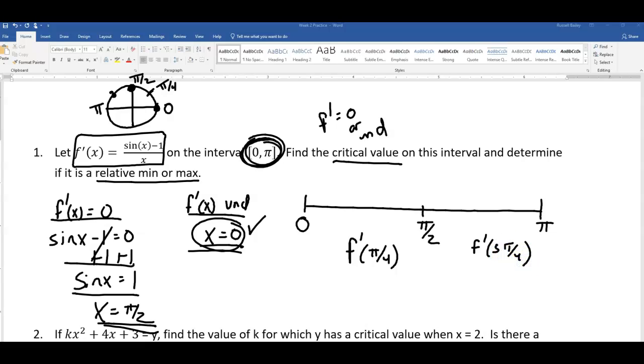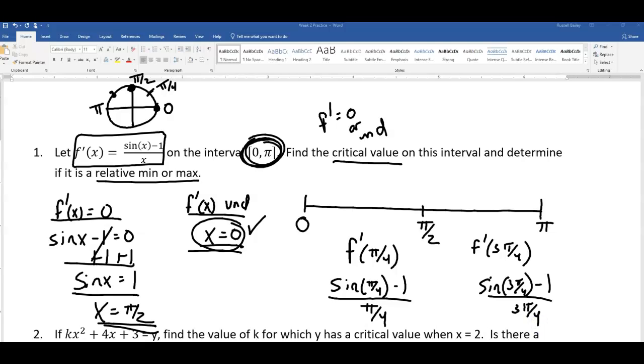Okay, so we just get to plug it into our function here and see what we get. So sine of pi over 4 minus 1 over pi over 4, and sine of 3 pi over 4 minus 1 over 3 pi over 4.